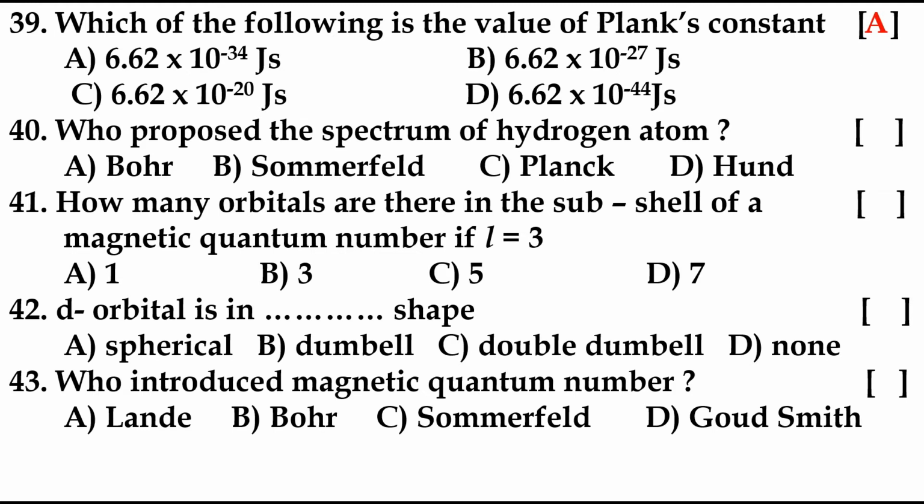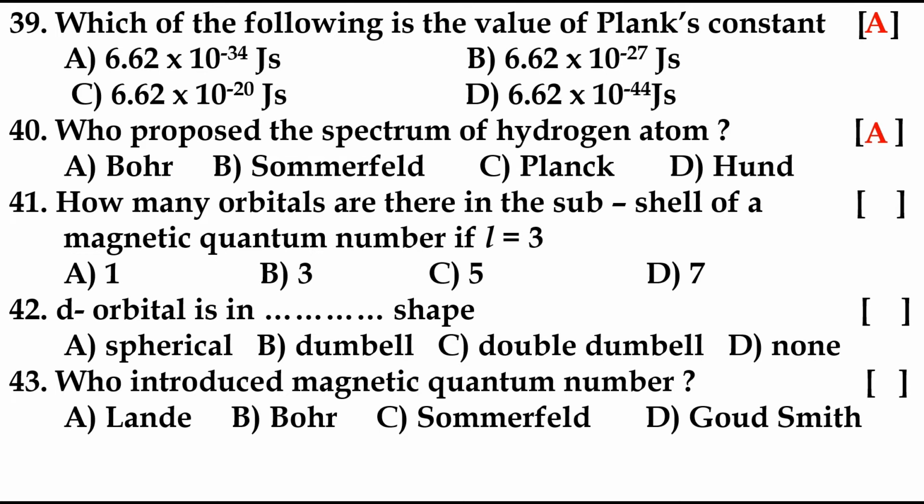Answer is option A. 40. Who proposed the spectrum of hydrogen atom? A. Bohr, B. Sommerfeld, C. Planck, D. Hund. Answer is option A, Bohr, Niels Bohr.